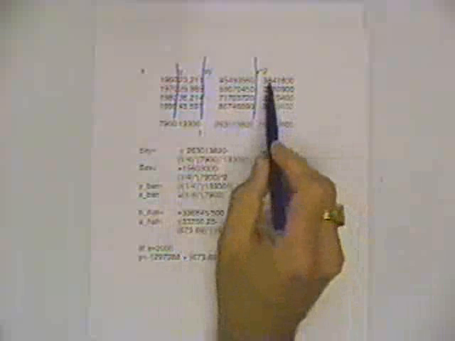Then you calculate the product of X times Y, list those, and sum them up. You also calculate the square of X and sum it up. So you have the values of X, Y, the product X times Y, the square of X, and the sum of X, the sum of Y, the sum of X times Y, and the sum of X squared.